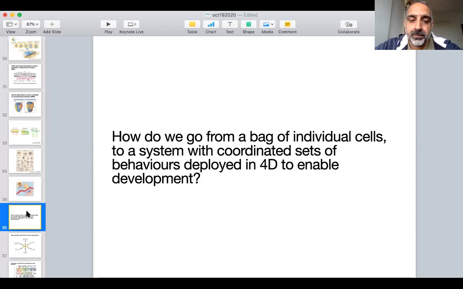What we've been talking about is this mix of cell behaviors, and so far I've been thinking about this from maybe a single cell level or a few groups of cells, but the main point of development is how do we go from a bag of individual cells to a system with a coordinated set of behaviors deployed in 4 dimensions to enable development. And so this is important. The cell needs to know when to do something, and it needs to behave appropriately.